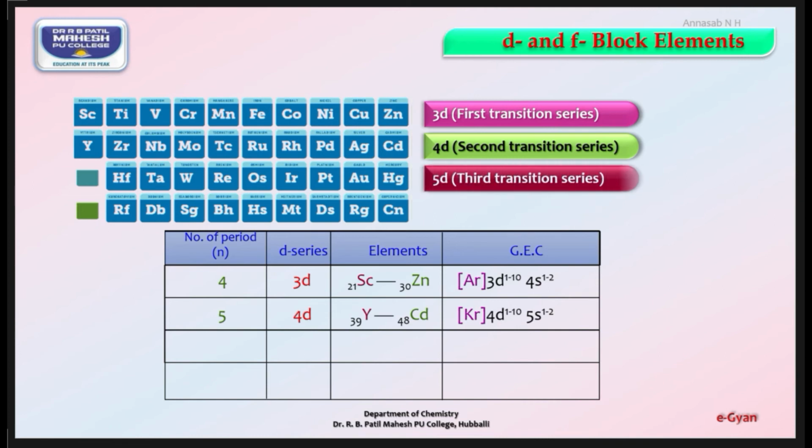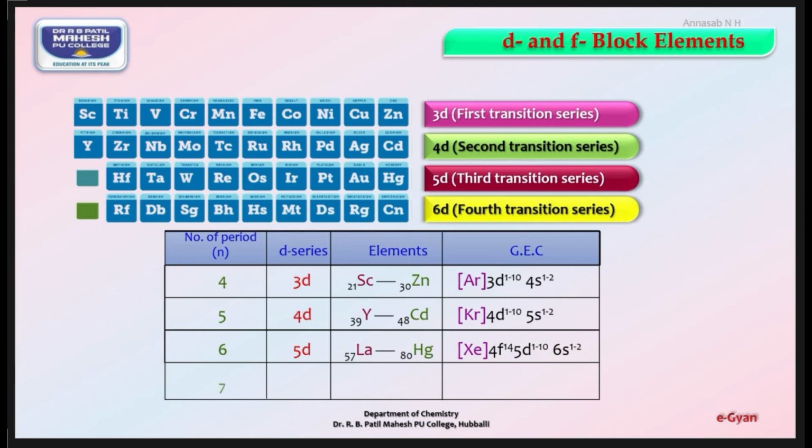Moving to the next one, the 5d series, where n is 6, lanthanum to mercury, the general electronic configuration is xenon 4f14, 5d1 to 10, 6s1 to 2.